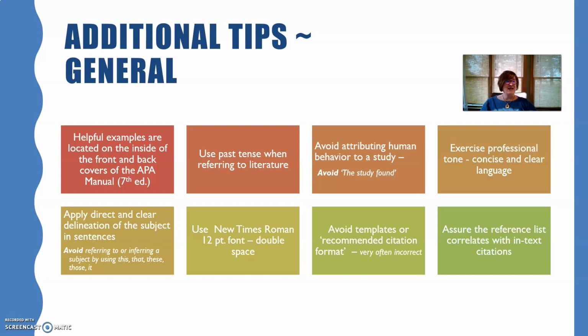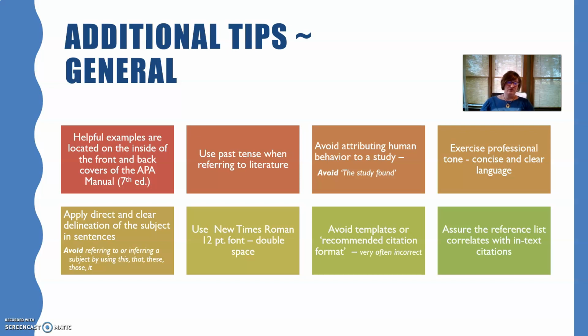A study cannot find, the authors can find. Keep in mind that studies can't say something, but the authors can say something, those types of things. You want to exercise professional tone, clear and concise writing throughout, and apply direct and clear delineation of the subject. So that's really important.